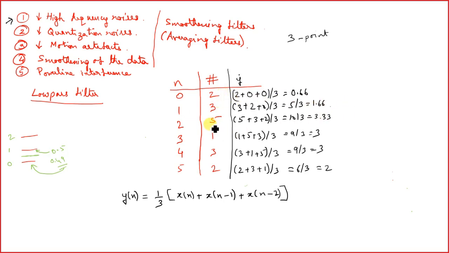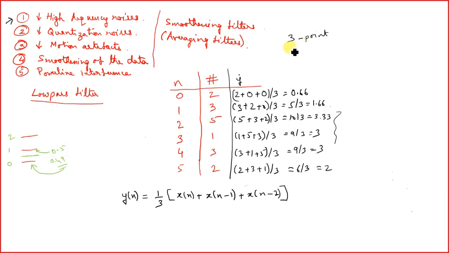Now suddenly we had 5 and 1, and if you look in this area, the averaging filter was able to bring down these amplitude levels to near the average of the rest of the data. Okay. So this is the power of the averaging filter.